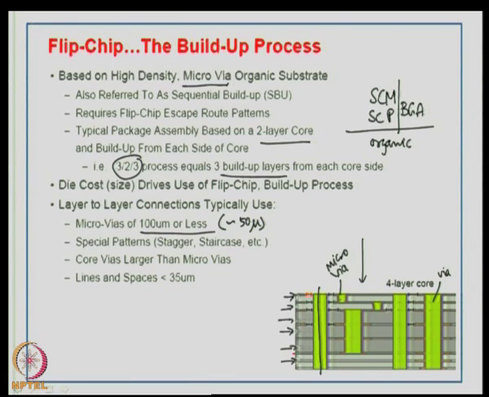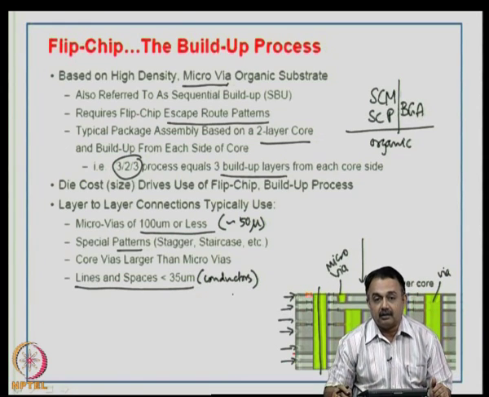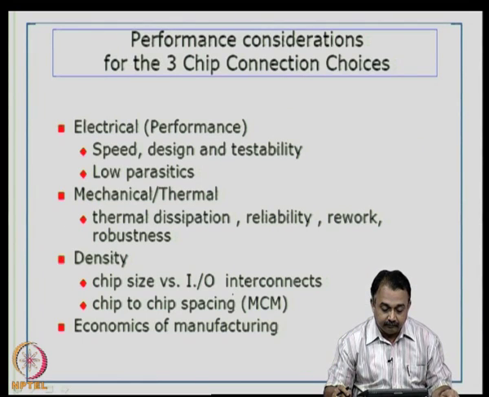So, you have micro vias and normal vias in a 4-layer core in this case, and therefore, these kind of structures are used when you are going to work with flip chip, because the number of IOs are going to be large and you really need to define escape routing patterns. So, you can create various patterns in micro via designs, and the lines and spacing for conductors in these kind of structures has to be smaller, around 35 microns or even 1 mil, 25 micron.